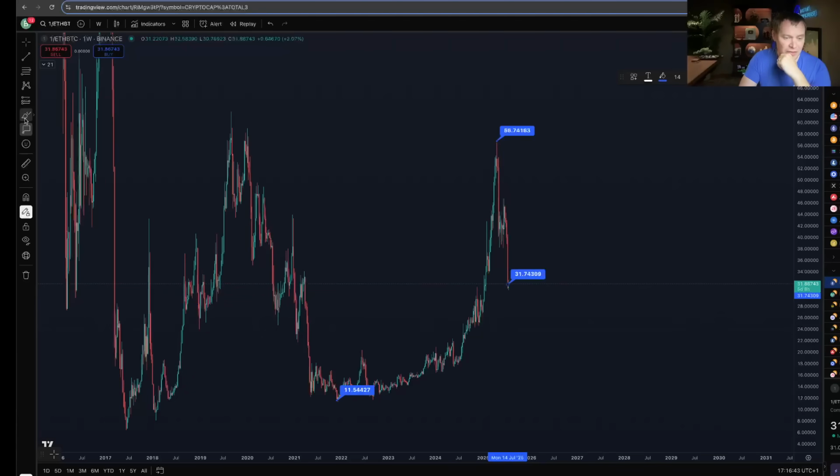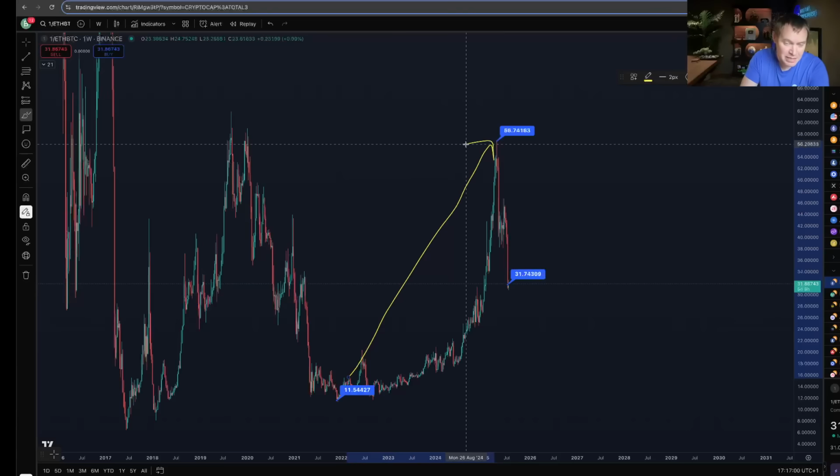So you could have converted your Ethereum to Bitcoin in 2022, when I did, and just by holding Bitcoin, even through the bear market, and then just continuing to hold on to it, you could have gotten 5 times the amount of Ethereum by just converting your ETH to Bitcoin at the end of 2021, and then converting back when ETH went home. Remember when ETH went home? If you converted back when ETH went home, that was the time.